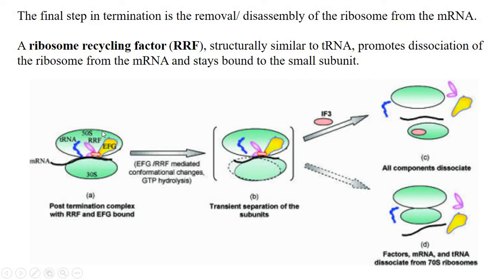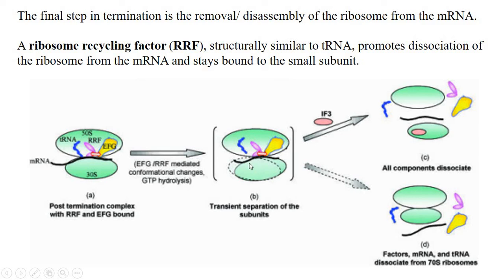The mRNA and these ribosomal subunits need to come off from each other. So here, RRF, or ribosome recycling factor, comes and binds in the A site. This is the EF-G and RRF complex here. This binds together in the P site and A site. This changes the conformation and leads to GTP hydrolysis.